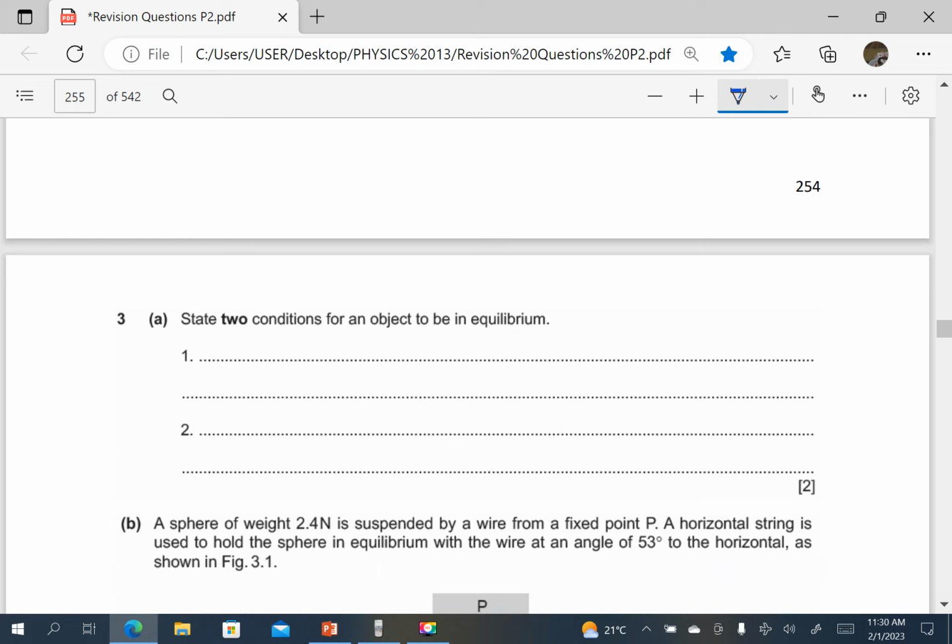State two conditions for an object to be in equilibrium. We have mentioned these conditions. Number one, the resultant force in any direction must be zero.